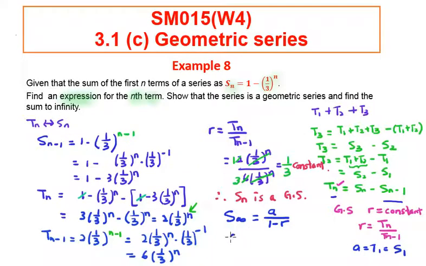So a is equal to S1, which is equal to 1 minus 1 over 3 raised to power 1, which is equal to 2 over 3. Substituting into our formula, we have 2 over 3 divided by 1 minus 1 over 3, which, if we simplify the upper part and lower part, gives us 1.